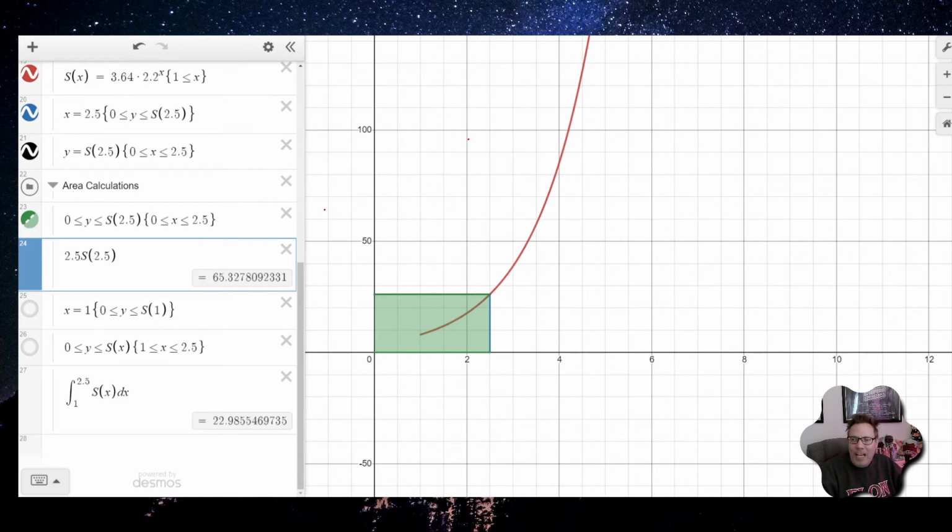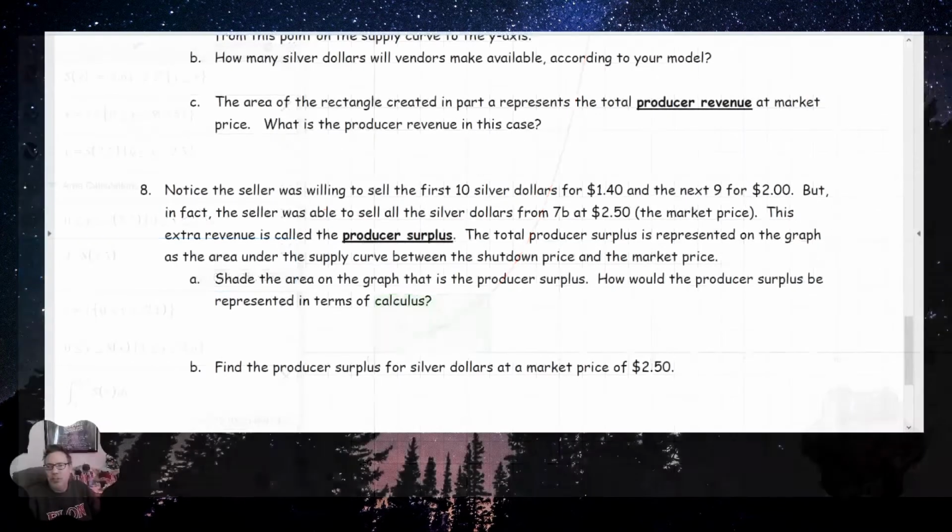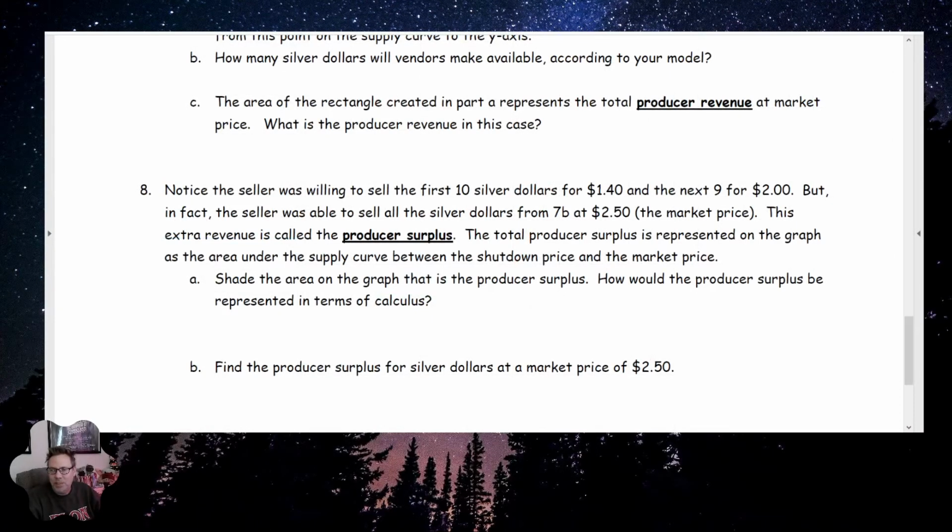Now, the last part of this, part 8, is a little bit more complicated, so let me focus on this a little bit here. The producer's surplus. The seller can sell 10 silver dollars for about $1.40 each, and the next 9 for $2. But the seller was able to sell all the silver dollars from 7B at $2.50 because of the demand function at that point.